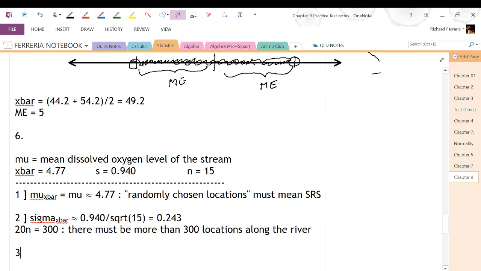Last one, 3. The shape of X bar should be approximately normal with a mean of 4.77 and a standard deviation of 0.243.